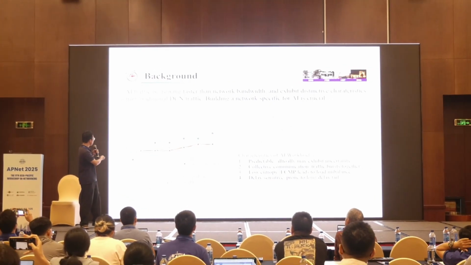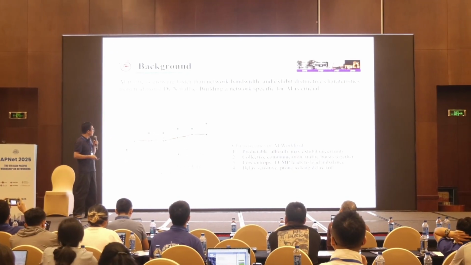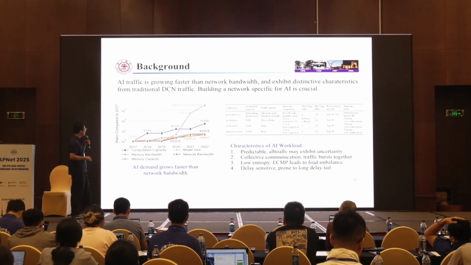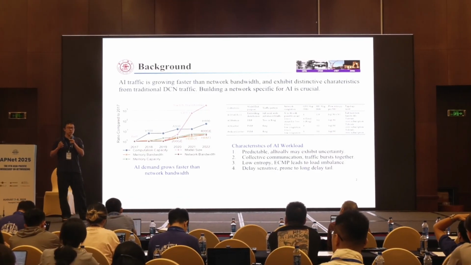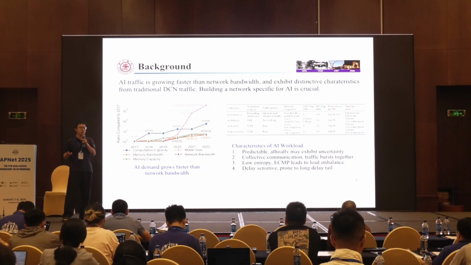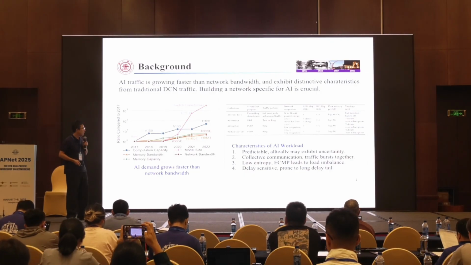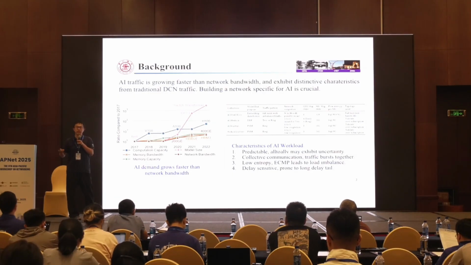And the computation capability also increases very fast. But unfortunately, the network bandwidth increases much slower. So this means that if we stick to the original network design principle, where we view the network as a black box, then the network will quickly become a bottleneck for AI.